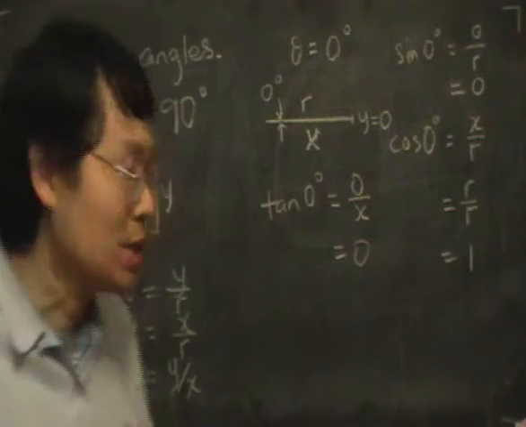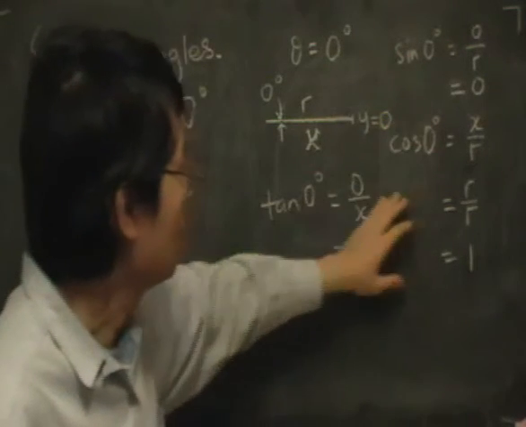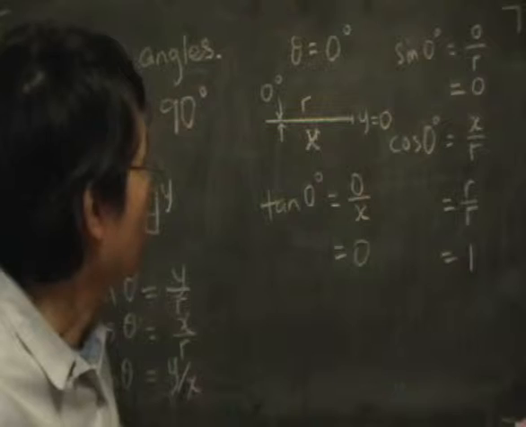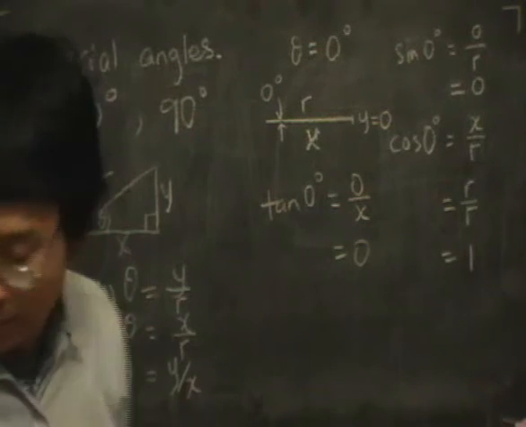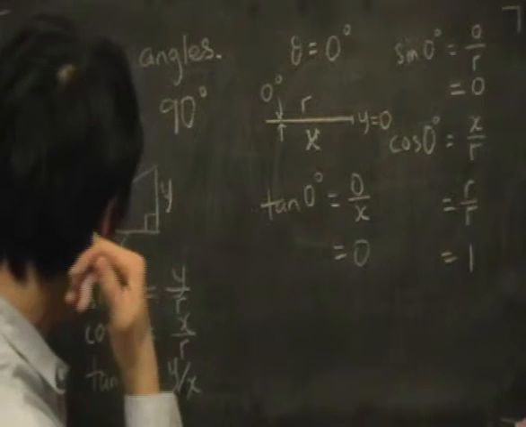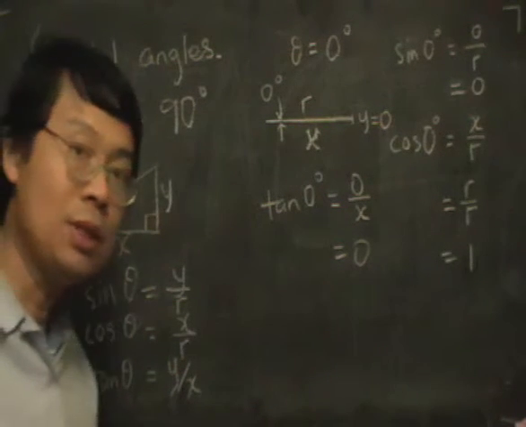And with this picture, you can quite easily read out the values of the sines and cosines and the tangent. So that's for the angle of 0 degrees.